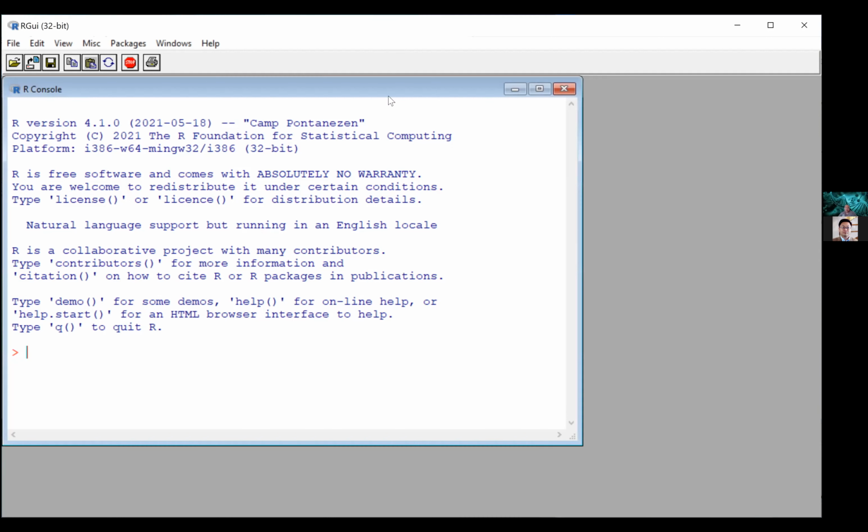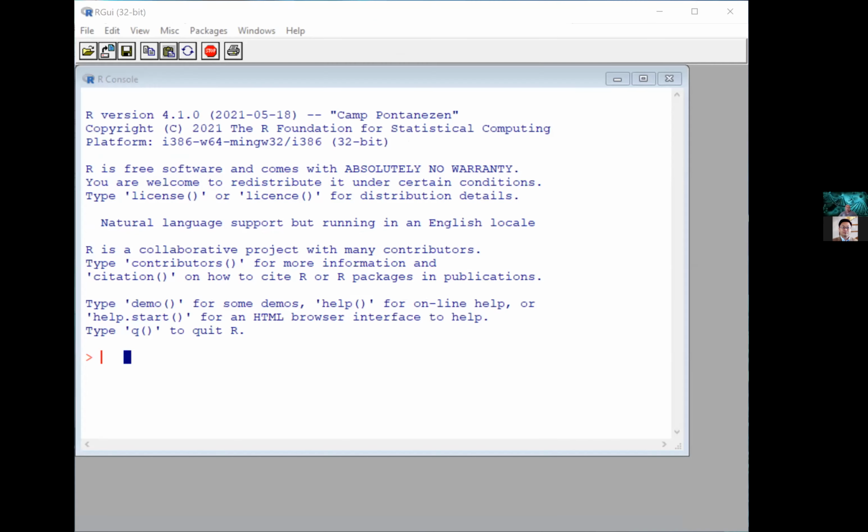So in descriptive statistics, it's really like plugging in, but at the same time, you get to understand what you're doing.